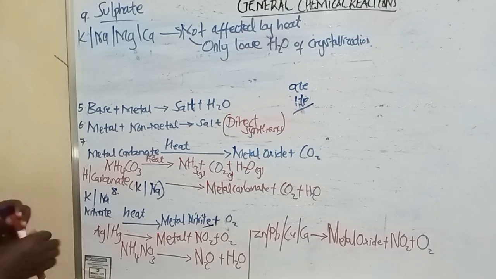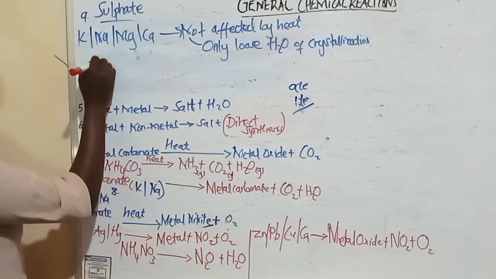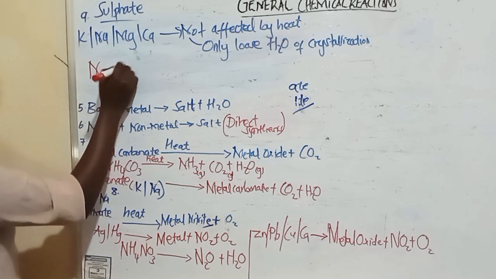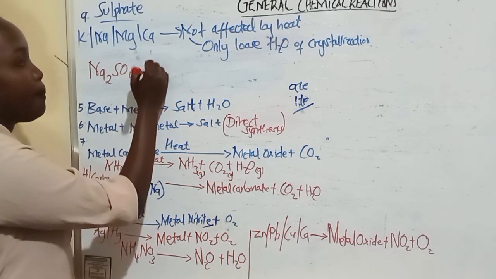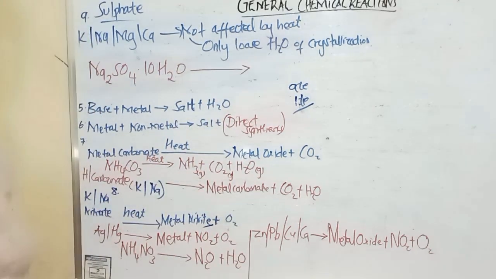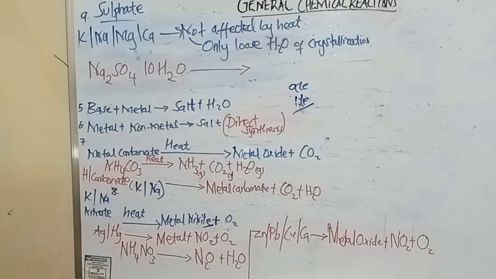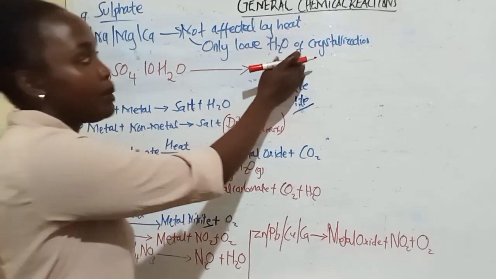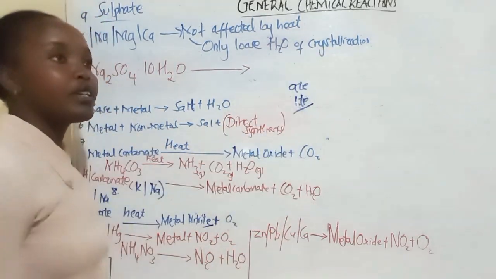So we are going to do one equation here. We're going to talk about hydrated sodium sulfate, and we're going to see its effect when heated. So we've said they're not affected by heat, but they only lose the water of crystallization.